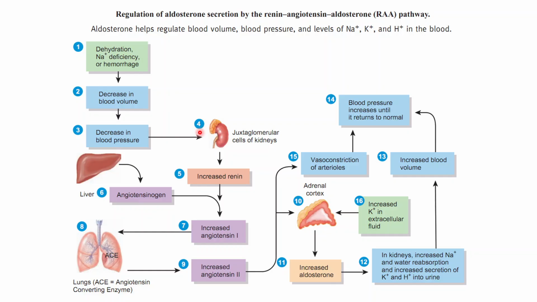Increased extracellular potassium can directly stimulate aldosterone secretion independently of renin. There are also signals from the macula densa, which senses tubular sodium chloride and can fine tune renin.